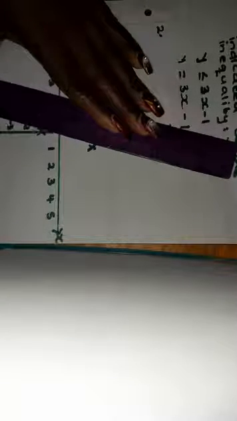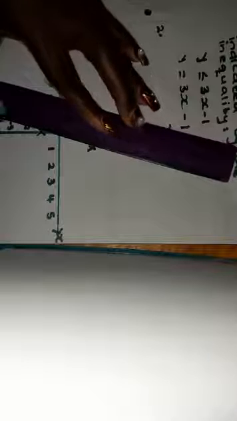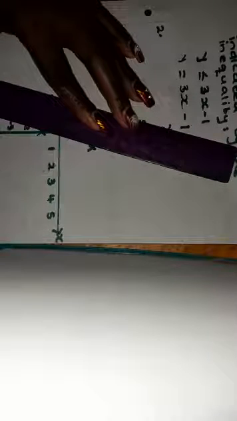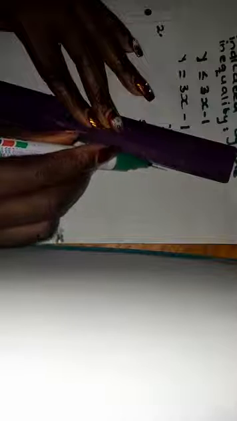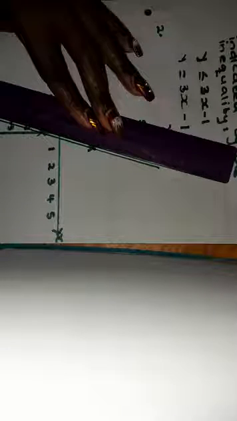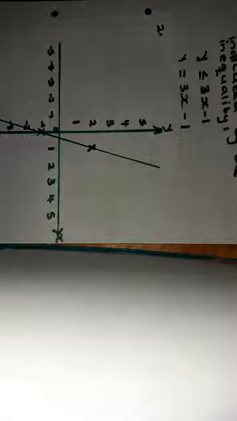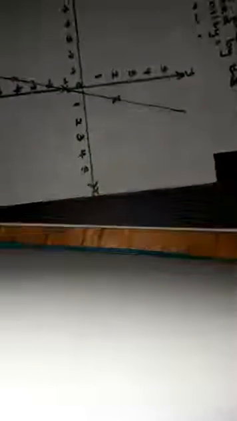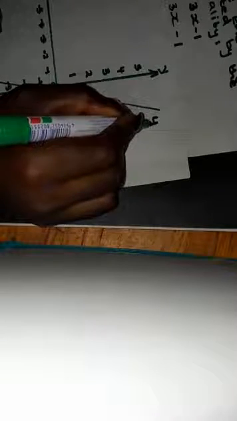So that is why we're going to have a solid line. In other words, if we are plotting these linear inequalities, before you join your points, go and check the inequality, because it is the one that is going to direct you onto what type of line you are supposed to draw.